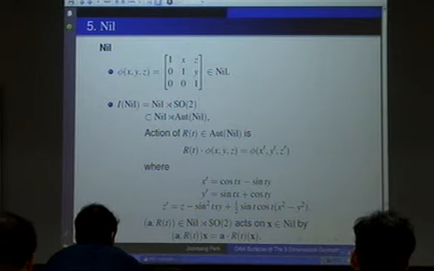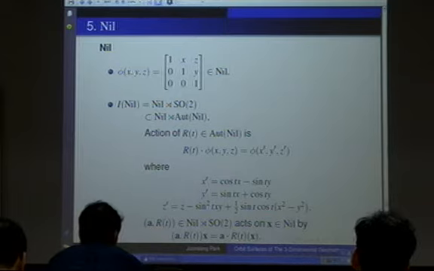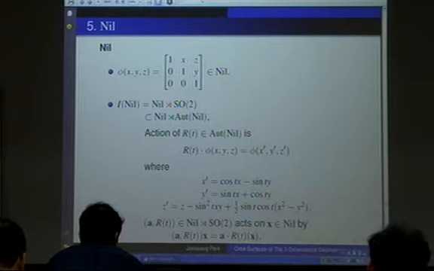Then the pair A and R_t, an element of the semi-direct product of Nil and SO2, acts on an element of Nil this way: first act with R_t on X, and next multiply this with A. That's the action of this element.